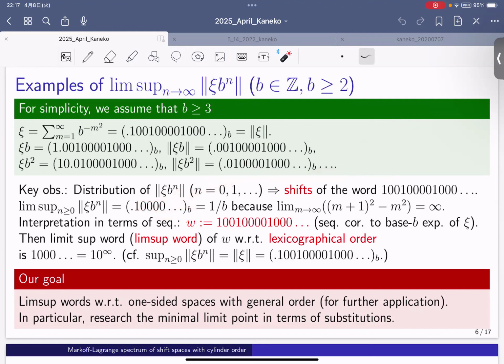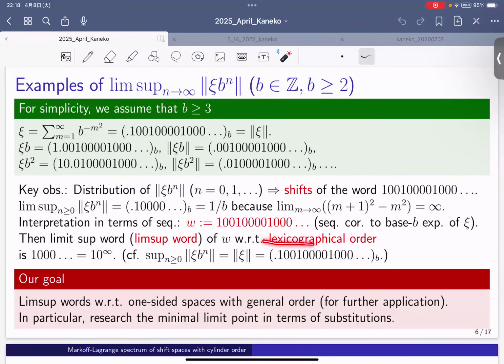So this can be interpreted in terms of a sequence. And we consider the sequence corresponding to the base B expansion of C. Here, this. And the limsup word with respect to lexicographical order is 1 0 0, that means 1 0 infinity.